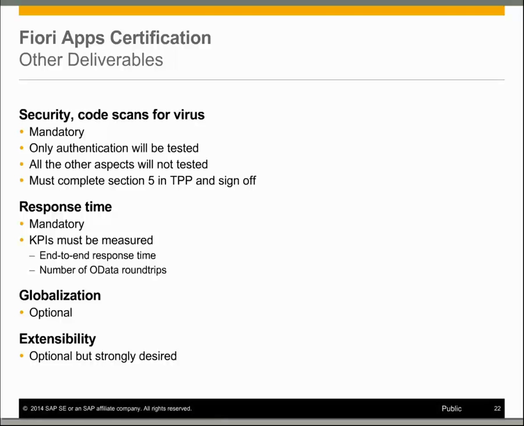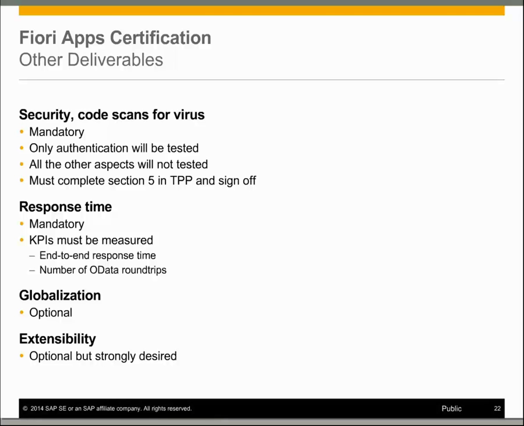And there are also strong recommendations that we provide for security measures, like how you have to implement SSO and what different security measures you have to implement in your Fiori app. These are all documented and delivered to you, so you have to follow those recommendations. But for the certification test, we just verify the user authentication during the test.